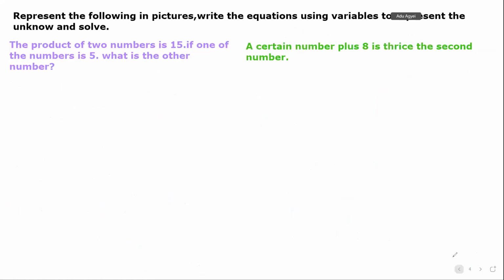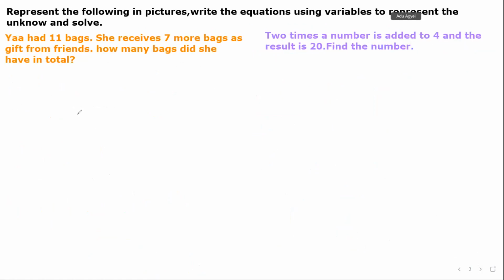Now let's deal with the other ones here. Represent the following in pictures. Write the equations using variables to represent the unknown and solve. Ya had 11 bags. She receives 7 more bags as gifts from friends. How many bags did she have in total?